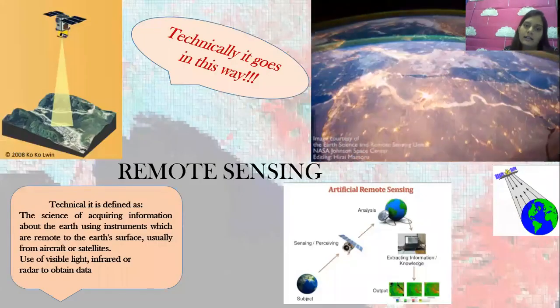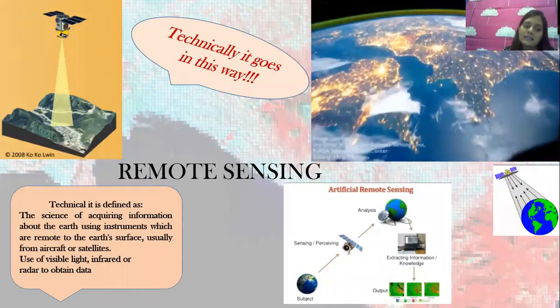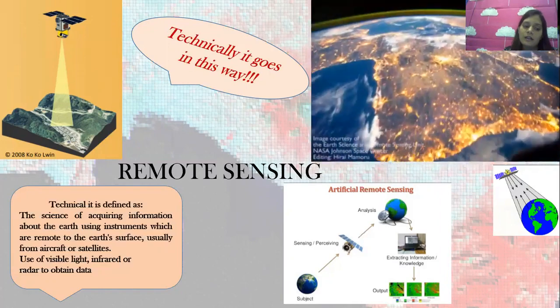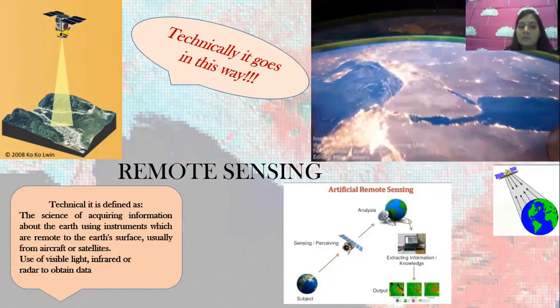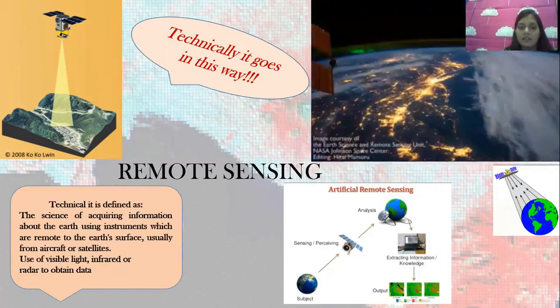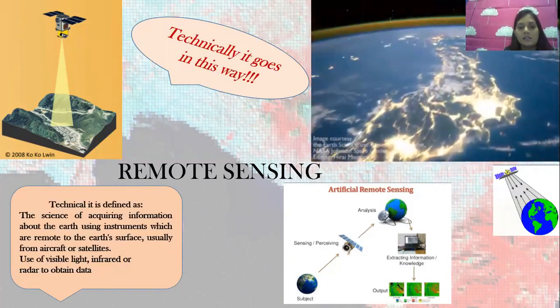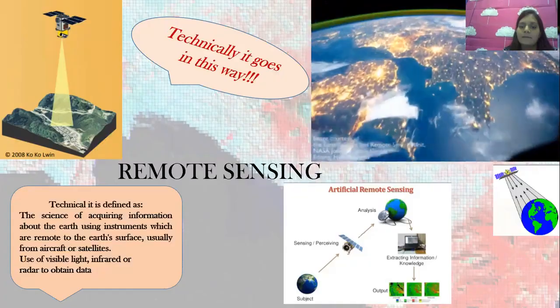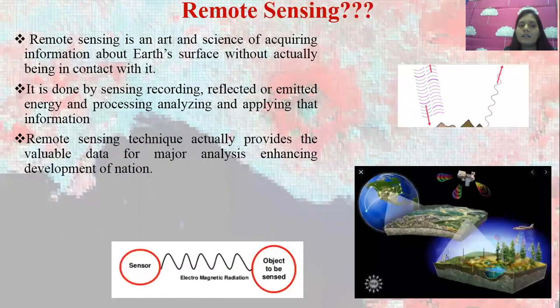Moving further, technically, what does it mean? The science of acquiring information about the earth using instruments which are remote to the earth's surface, which are not coming into contact with the earth, even though we get the information about the earth, right? That is known as remote sensing. Next, technically, which type of rays come in remote sensing to take the data?